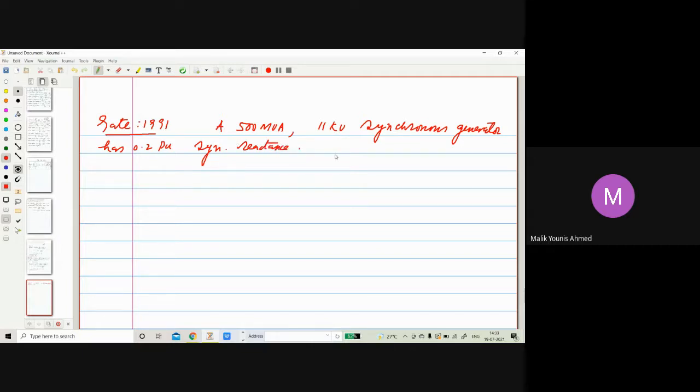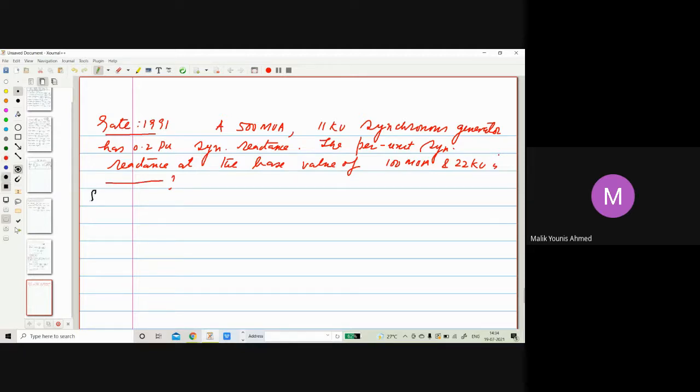So the per unit synchronous reactance at the base value of 100 MVA and 22 kV is, what is this new value? You have to find it.